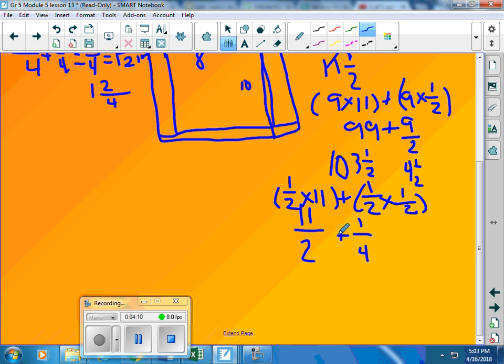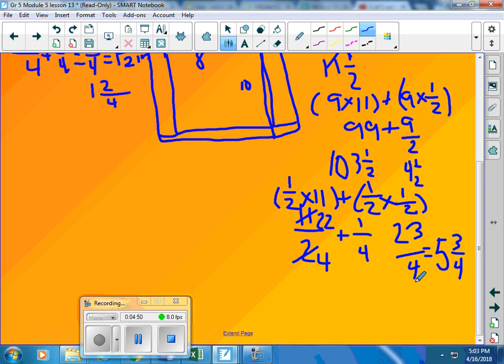All right, now I'm adding, so I have to have like denominators. This is a 4, so I'm going to leave that and I'm going to change this one into a 4 by multiplying it 2 times 2. What I do to the bottom, I have to do to the top. So 11 times 2 equals 22. So now I have 22 plus 1, that is 23 over 4. So 4 goes into 23 5 whole times. That gives me 20, so that means there's 3 left over.